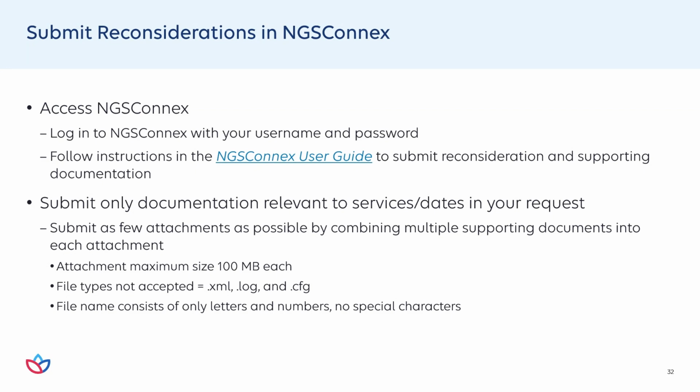Once again, you're only submitting documentation relevant to the services and the dates within your appeal request. Same guidelines as your Level 1 appeal. You're submitting as few attachments as possible by combining multiple supporting documents into each attachment, and the attachment requirements are the same as we discussed for your Level 1 appeal.